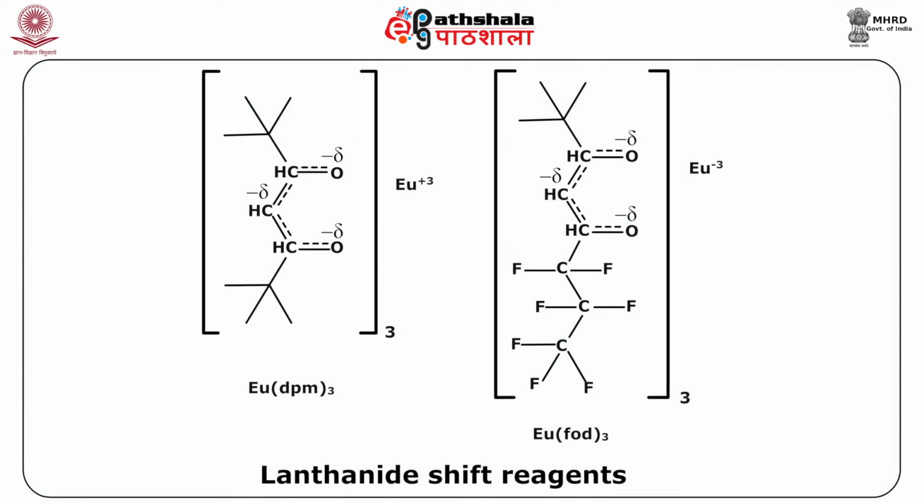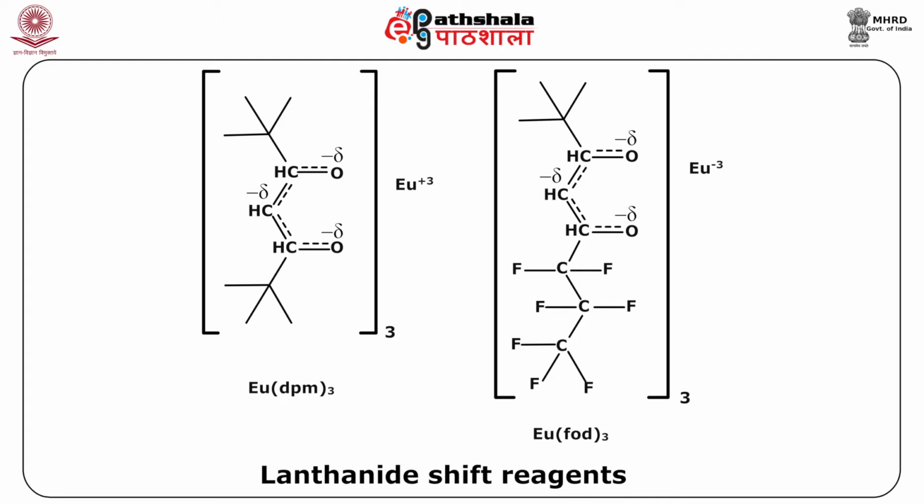Here we have shown you some of the lanthanide shift reagents in this figure. The lanthanide shift reagents are beta dicarbonyl complexes of rare earth metals, also known as the lanthanides. The commonly used lanthanide shift reagents are tris(1,1,1,2,2,3,3-heptafluoro-7,7-dimethyl-octane-4,6-dionato)europium.